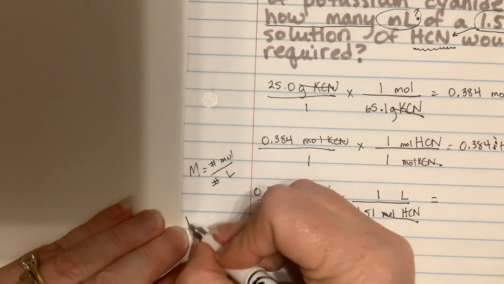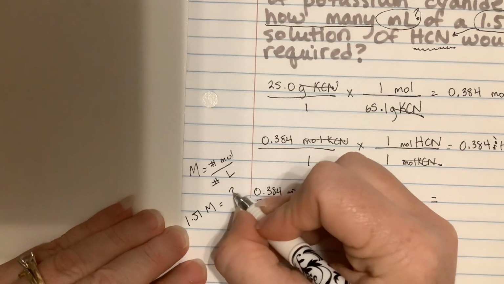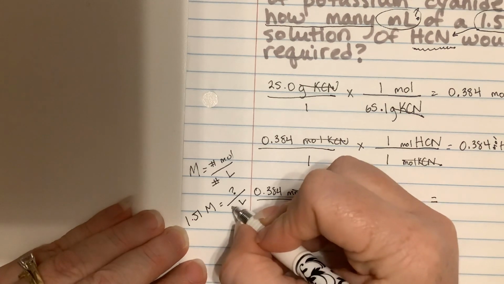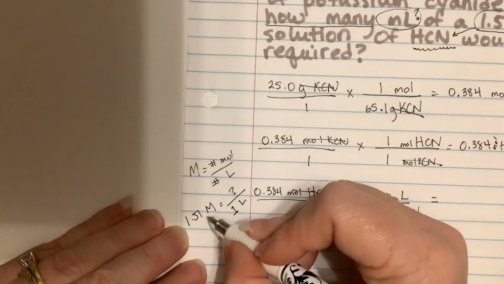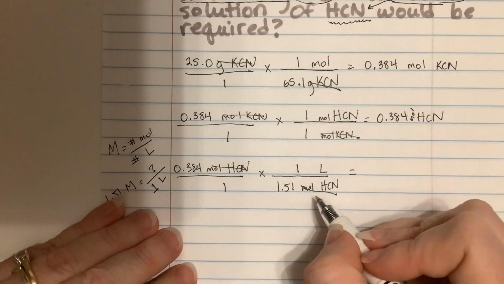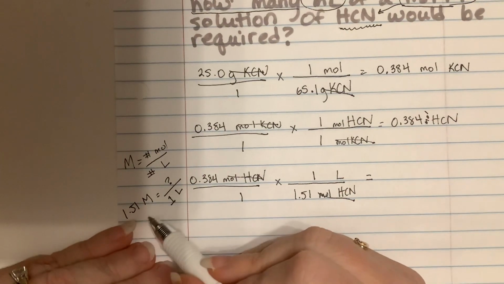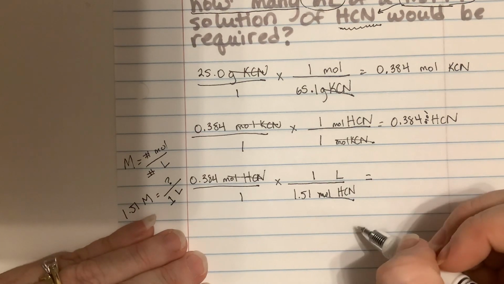All right, and if we have 1.51 molarity, and we don't know this, but we do know that we're just talking about 1 liter, then that's going to end up being the same number, 1.51, and it's going to be times 1. So it's the same thing. So the number of moles is 1.51. Does that make sense? We skipped a step, but that's why. Okay, hopefully you understood that.